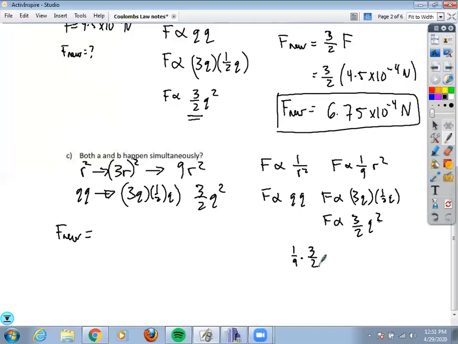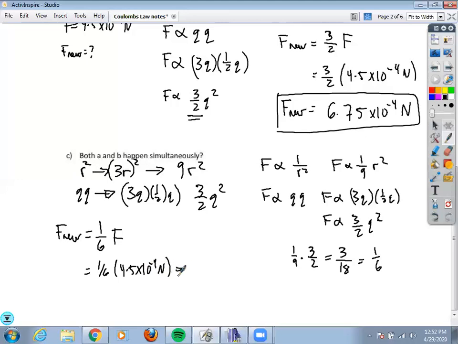Okay, so our factor now is going to be 1/9 times 3/2, which is 3/18. And again, you can reduce to make it simpler. 3/18 is 1/6. So the new force is going to be 1/6 the value of the old force. So 1/6 times F, or 1/6 times 4.5 times 10 to the minus 4 newtons.